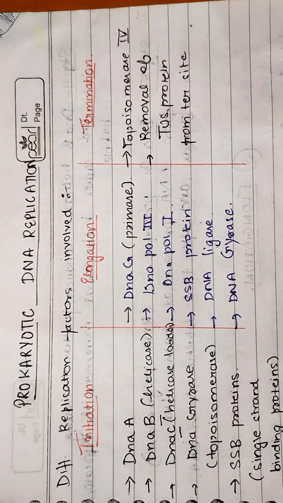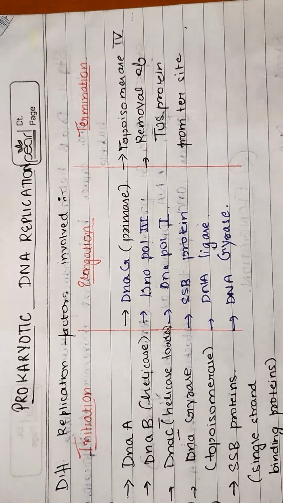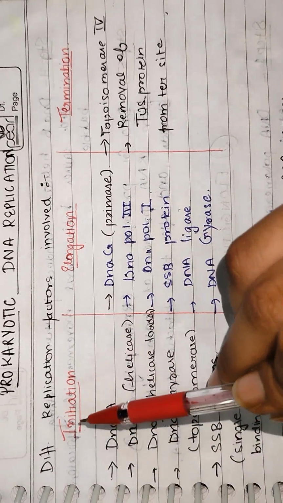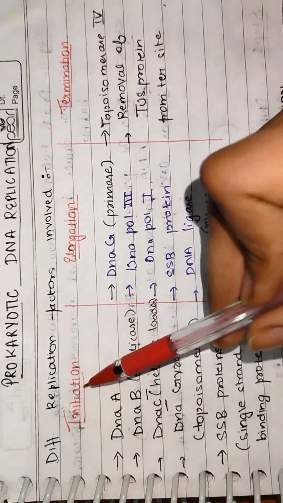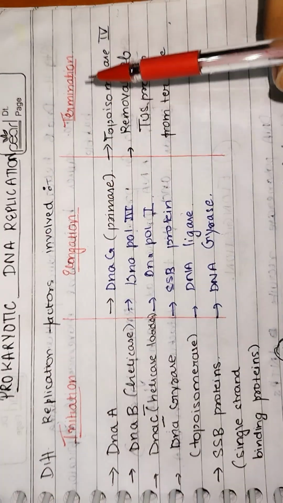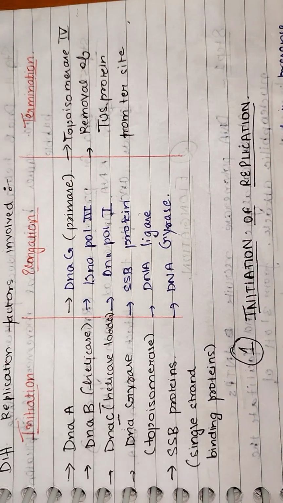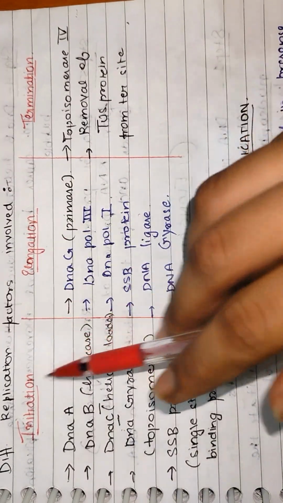Now, what is prokaryotic DNA replication? The whole process can be divided into three main steps: initiation, elongation, and the last one is termination. First, I'm telling the different factors which are involved in these steps.